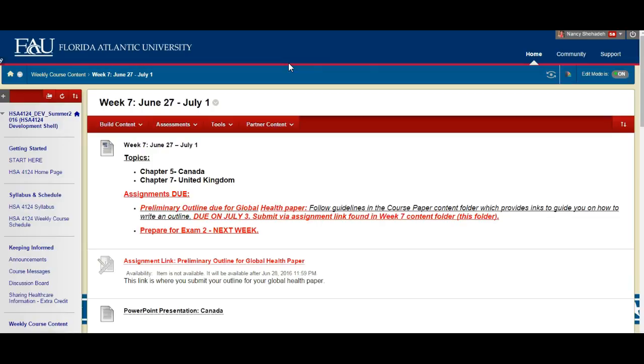It gives you a chance to brainstorm the ideas that you want to present in your paper, as well as your thesis statement, so you'll have a clear idea of the purpose or what you're trying to prove in your paper. So I promise it'll be very helpful.